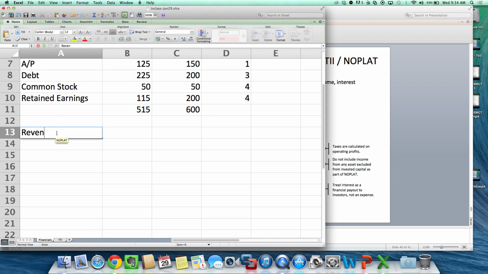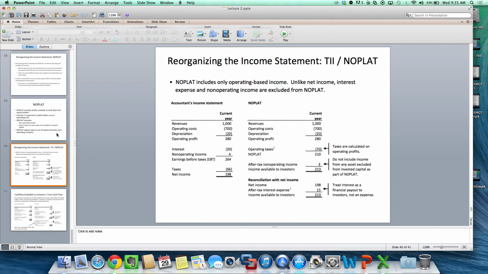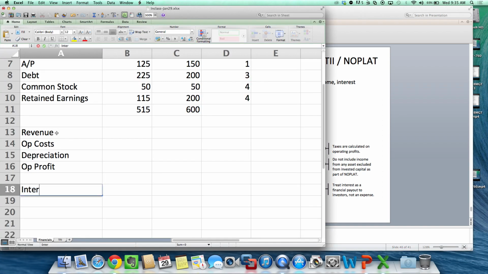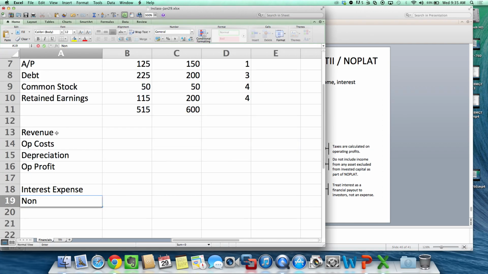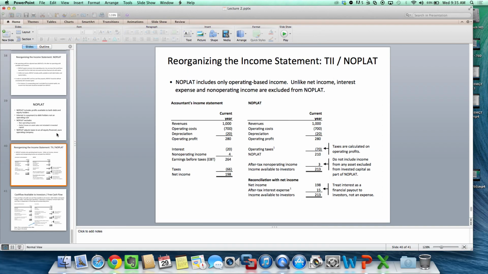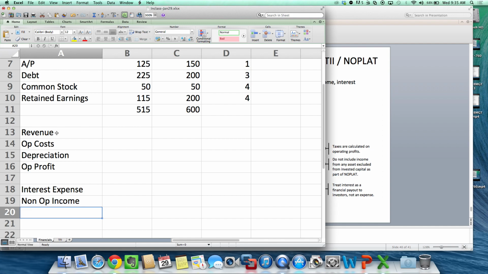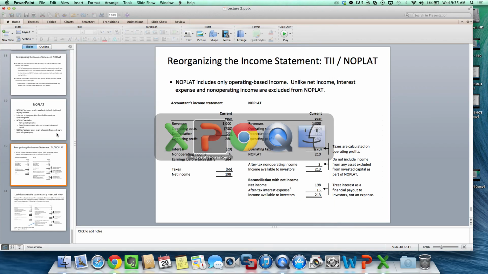So they had revenue, operating costs, depreciation, operating profit, interest expense, non-operating income, earnings before tax, taxes, and net income.